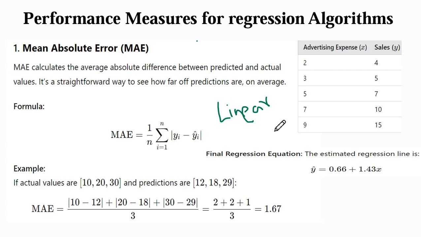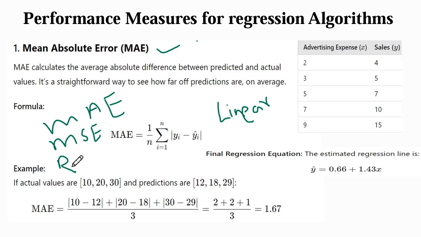To evaluate the performance of those regression models, we use different metrics. The first one is mean absolute error, that is MAE. Another one is MSE, mean squared error, which is another metric to evaluate the regression model.